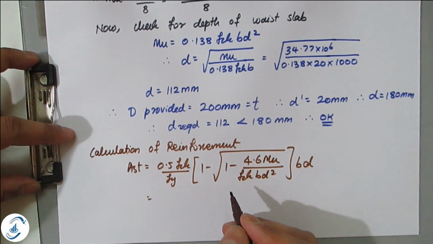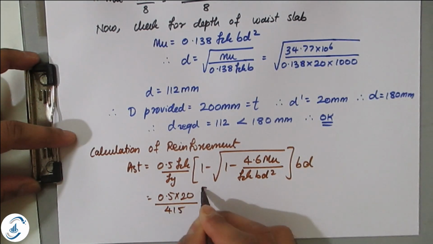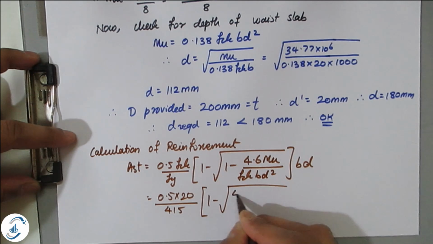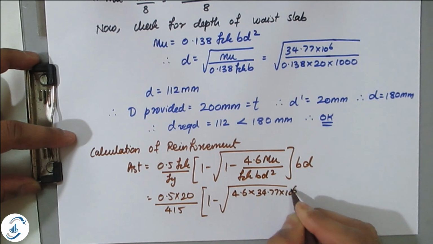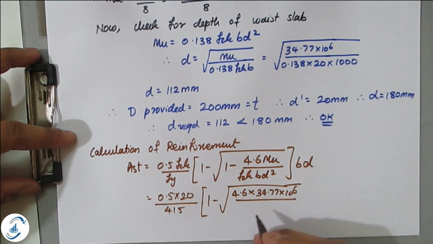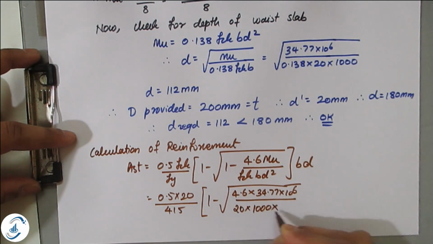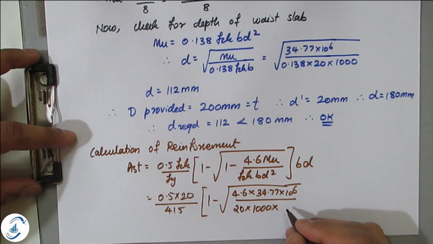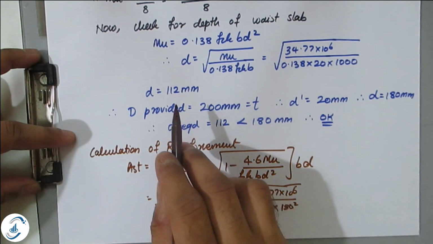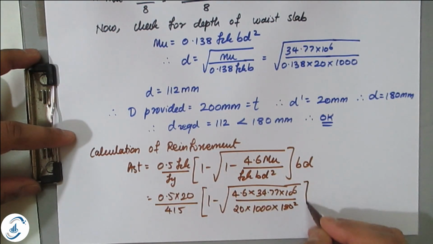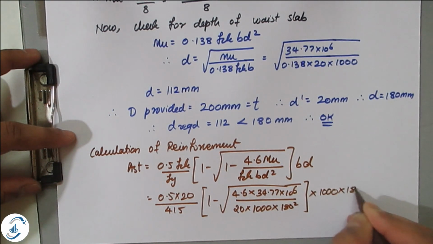If you substitute all the values, that is 0.5 into 20 divided by 415, 1 minus root of 4.6, Mu is 34.77 into 10 raised to 6, because we substitute in Newton millimeters as all the values are in Newton millimeters. fck is 20, b is 1000, that is 1 meter width, d is 180 square, because the provided depth is larger than the 112 required, and for the calculation of Ast we use the provided one, into b is 1000 and into 180.